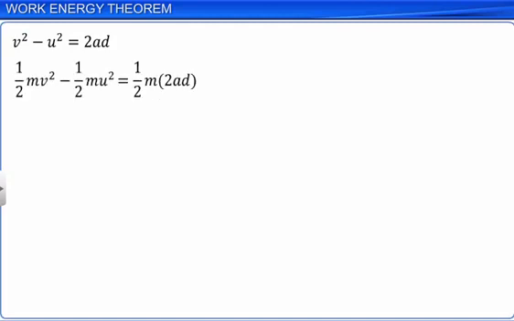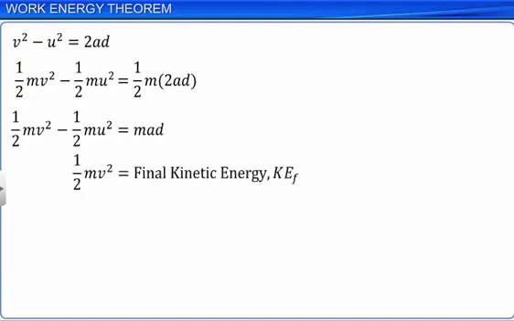Multiply both sides with half m and simplifying, we get the expression as shown. We get half mv square minus half mu square is equal to mad. On the left side of the equation, half mv square is the final kinetic energy of the body, and half mu square is the initial kinetic energy.